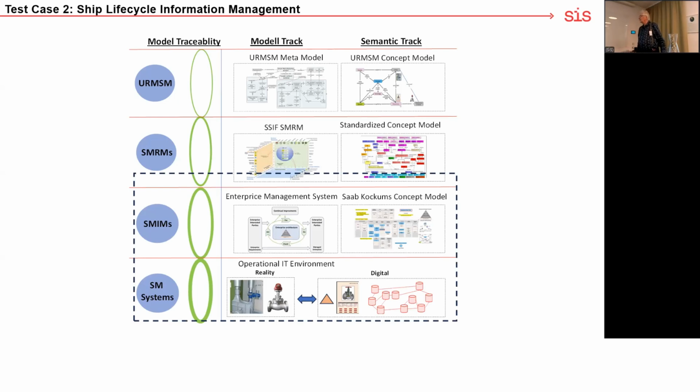This figure illustrates the ship life cycle management, test case 2. As you see, most to the left, you see the different levels of abstraction of URSM. And then we see the model track.